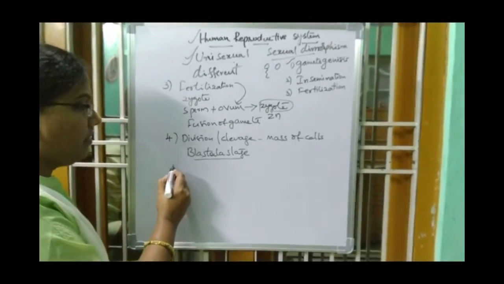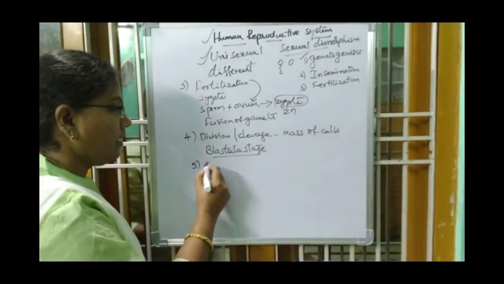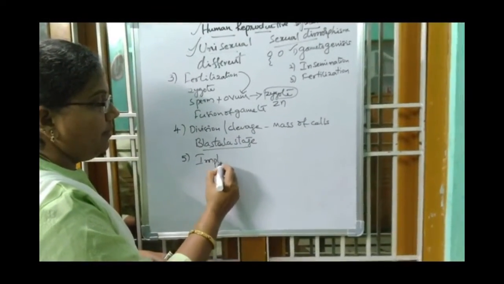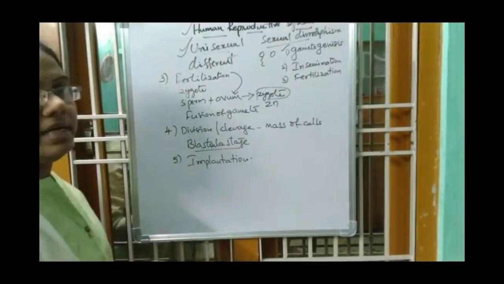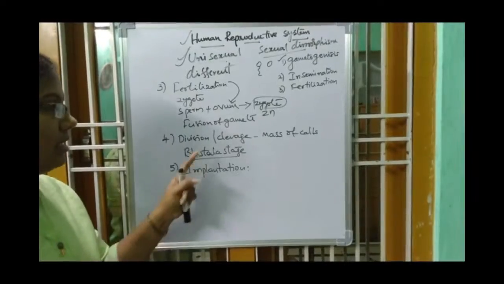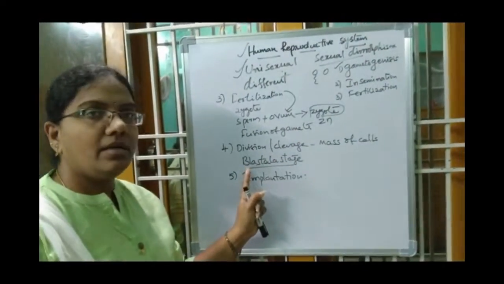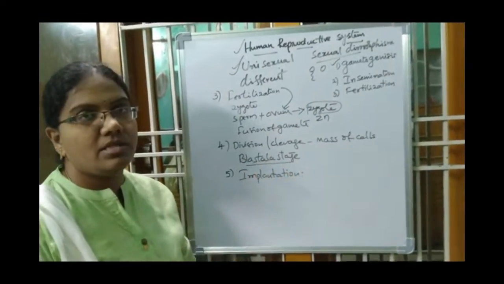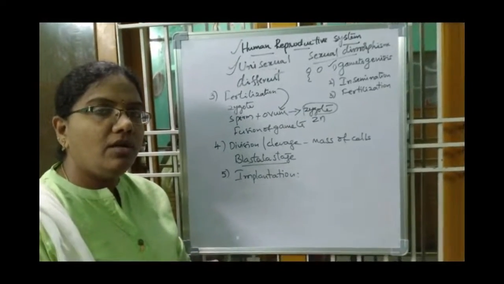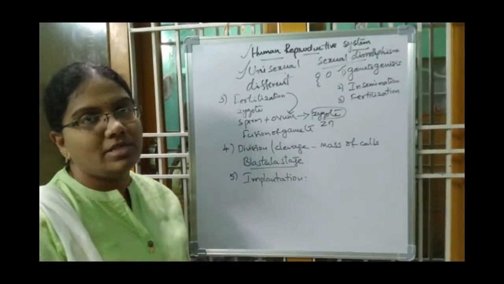Next, the fifth stage is implantation. What is implantation? After a number of divisions, the zygote enters the next stage, that is blastula stage or blastocyst stage. The blastula moves towards the uterus of the female reproductive tract.